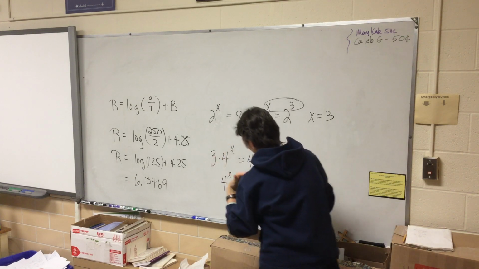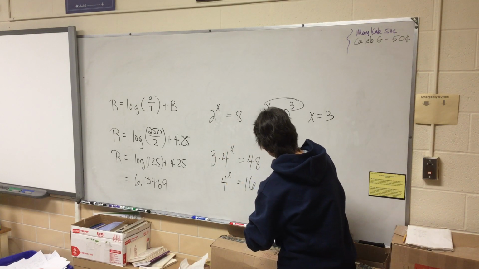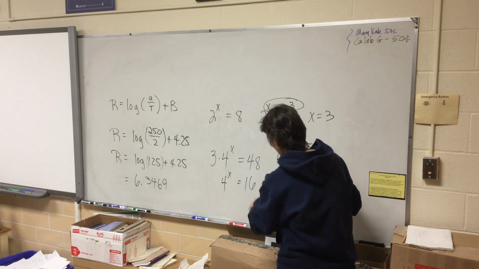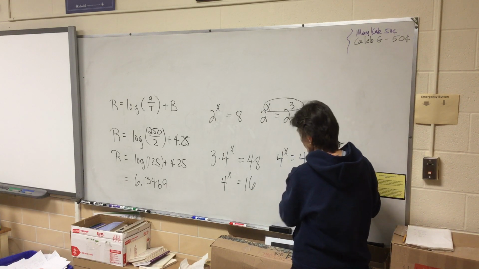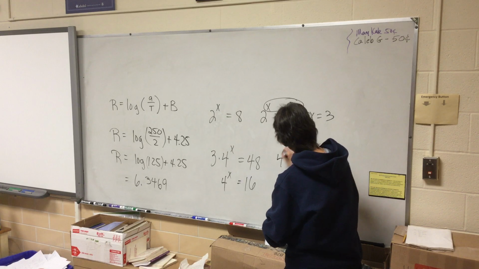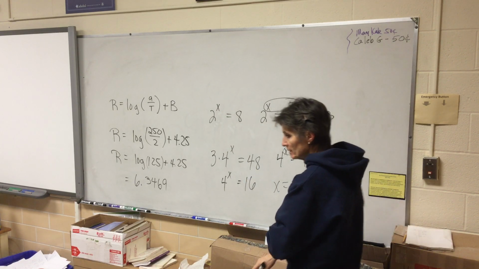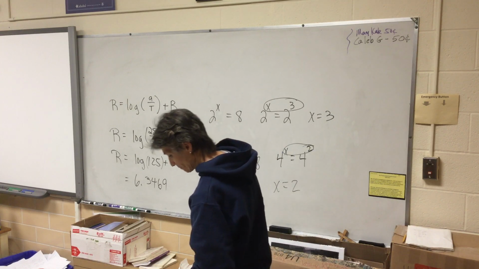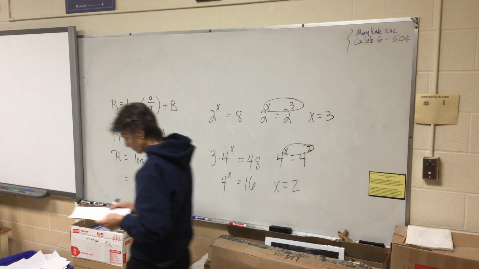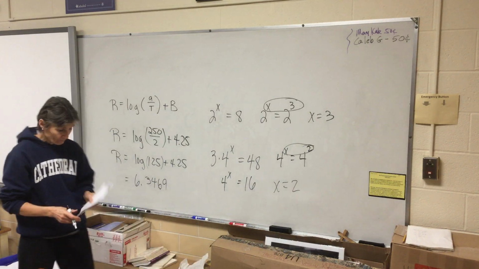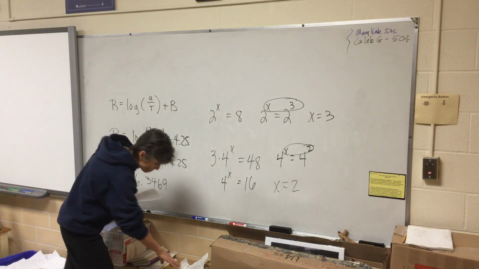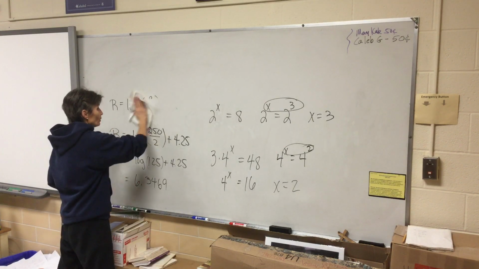So the math that's going on here is 4 to the x equals 4 squared. 16 is 4 squared. But you probably just look at this problem and say, oh, x has to be 2. Would you agree that's pretty easy? Look at the next one.